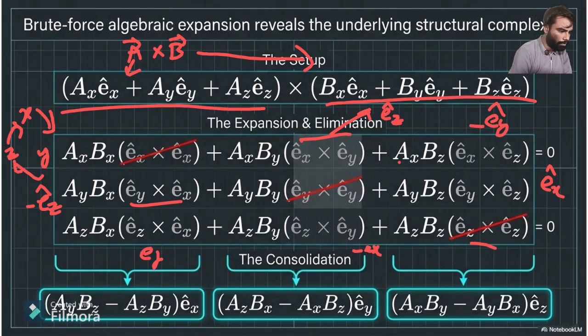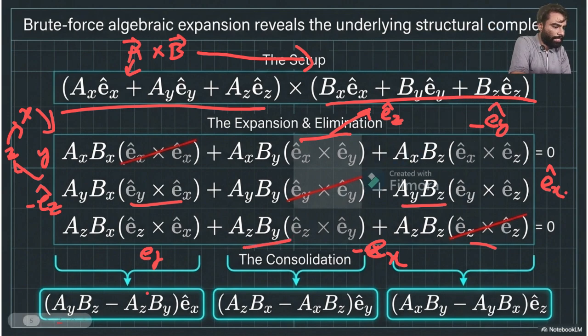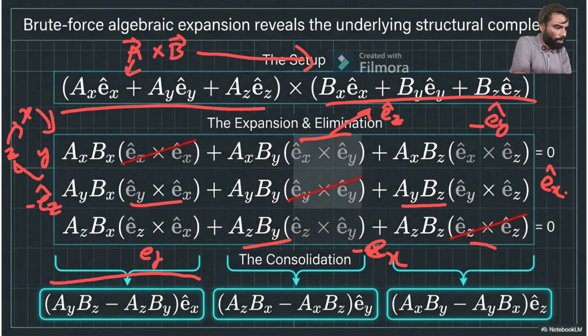So minus of ex. Now if you take ex as common, what remains is Ay Bz minus Az By. You can see this, Ay Bz minus Az By. In the same way you can find the X component. Now let's find the Y component. It is minus, so we will put that there later.